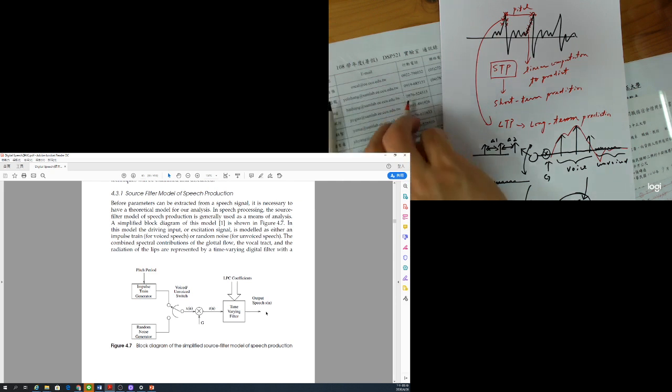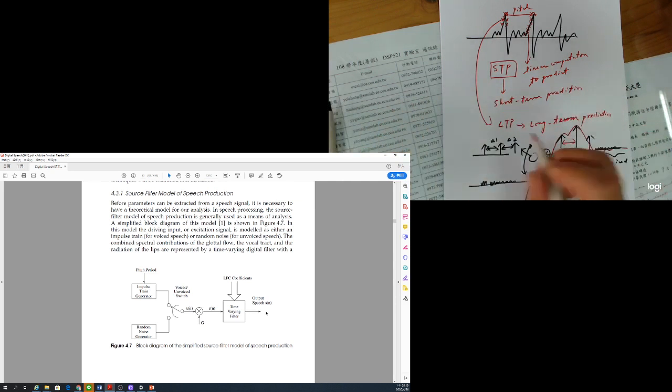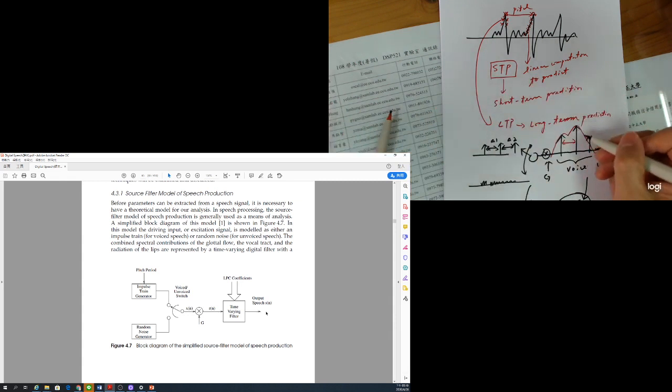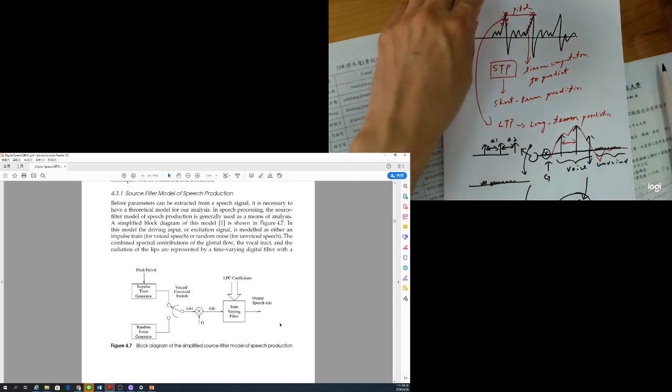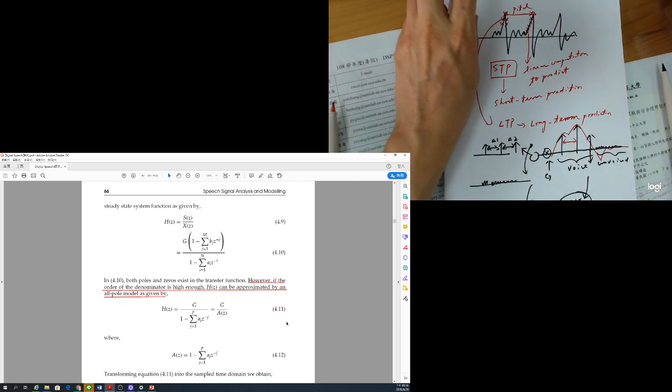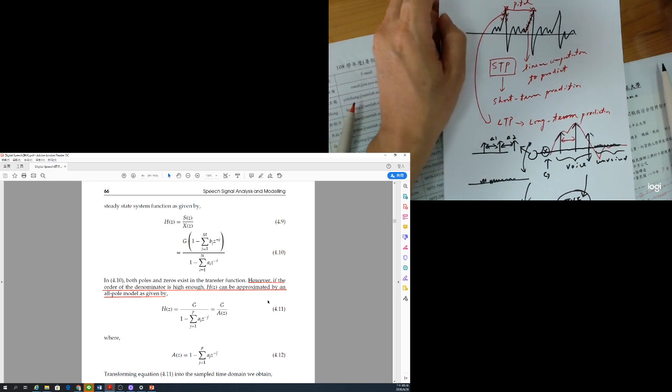Sometimes this is your pitch, but this trigger signal could be positive and negative. It's not always positive, otherwise you would not have a big variation. Later we will show you after we finish what we are saying here.